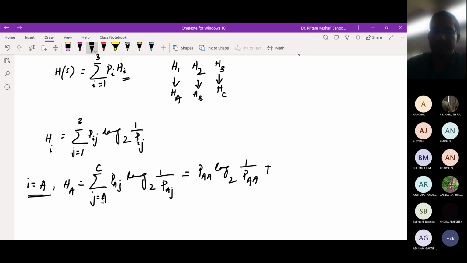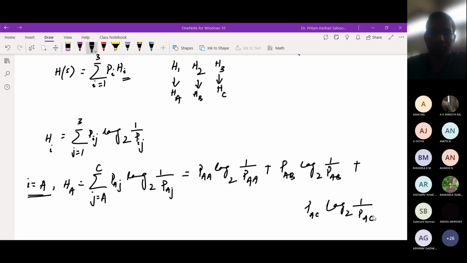So j will be A, j will be B, j will be C. So probability of AB log base 2 of 1 divided by probability of AB, plus probability of AC log base 2 of 1 by probability of AC. Hope you all followed up to this.